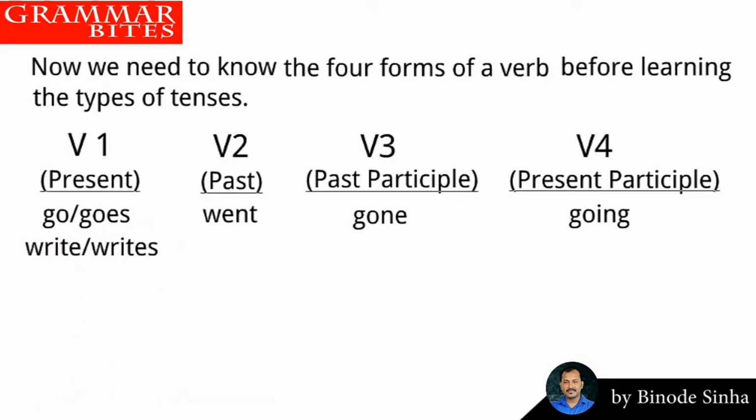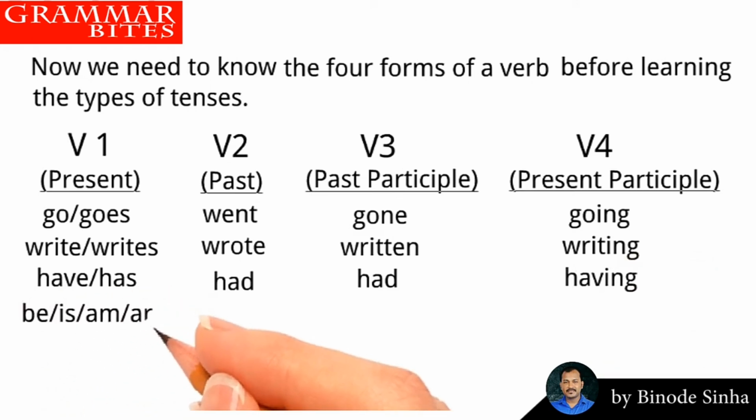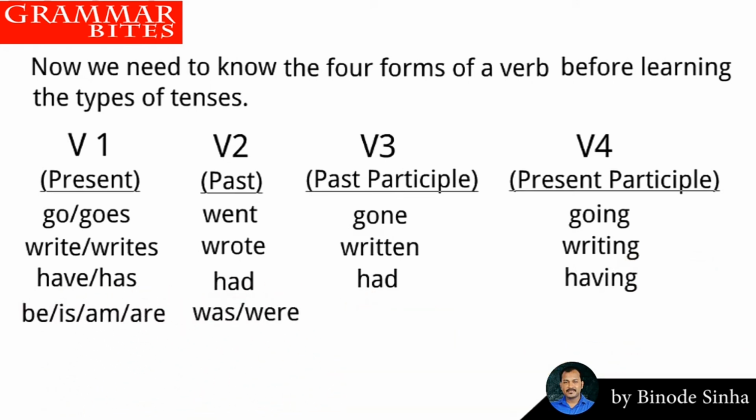Write and writes are V1, wrote is V2, written is V3, and writing is V4. Have and has are V1, had is V2, had is also V3, and having is V4. Be, is, am, and are are V1, was and were are V2, been is V3, and being is V4.